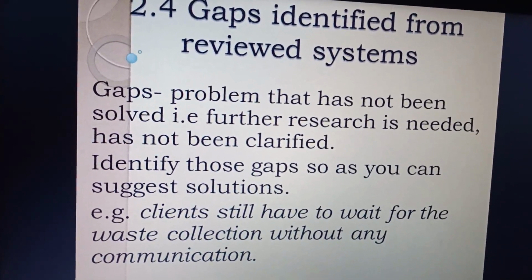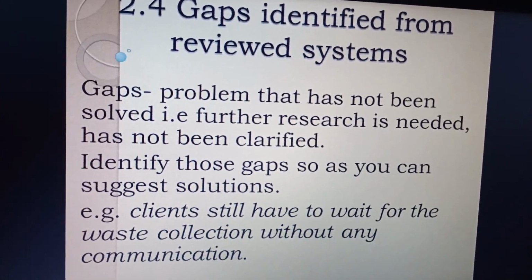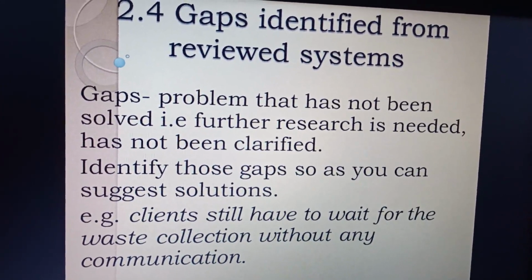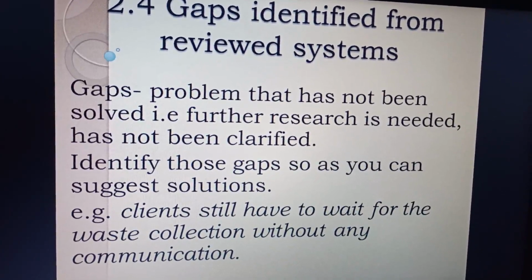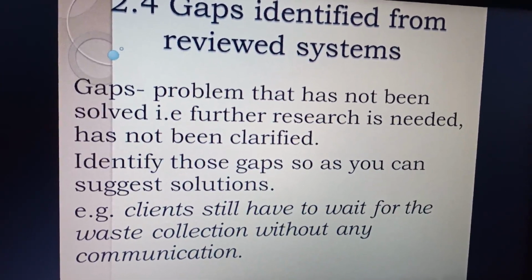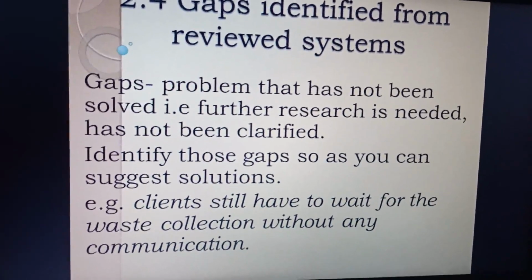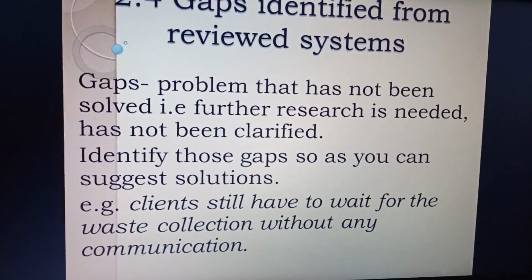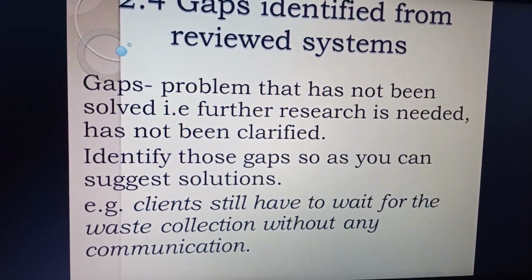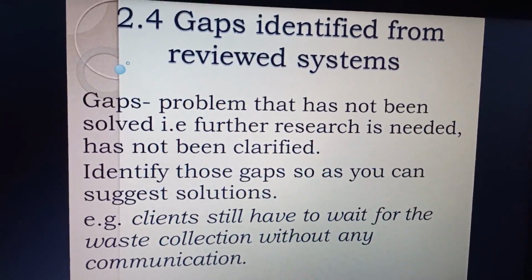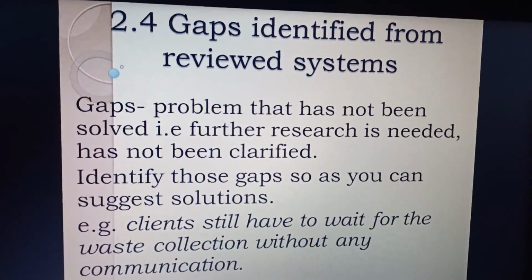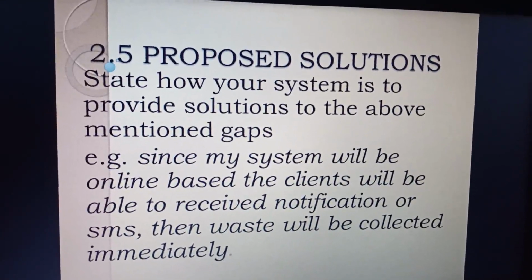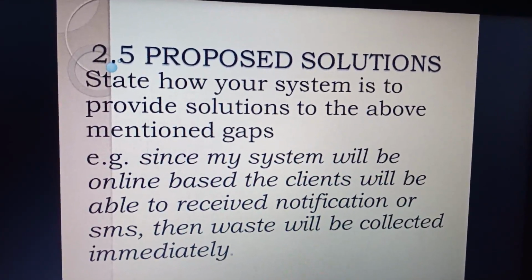For example, if your system was on waste collection, the clients still have to wait for waste collection without any communication. So that is the gap that you have identified from the reviewed systems. So you are supposed to suggest a solution for this gap, which is now in 2.5, proposed solution.